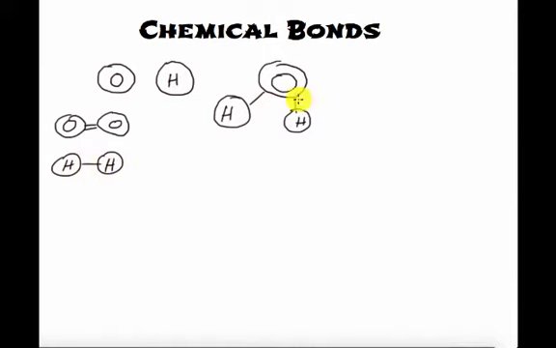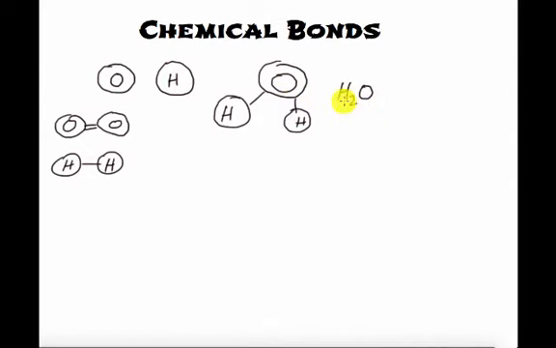When we write these compounds, we need a way of writing the formula so we don't have to keep drawing pictures all the time. We want a notation to represent those. This is where the chemical formulas come in. The chemical formula is a representation of the molecules and compounds that we're going to be creating. So this would be the chemical formula for water.